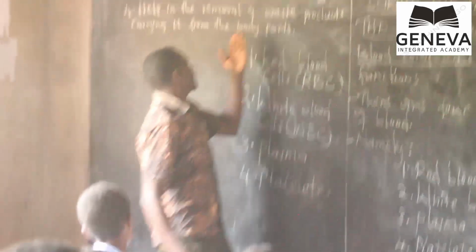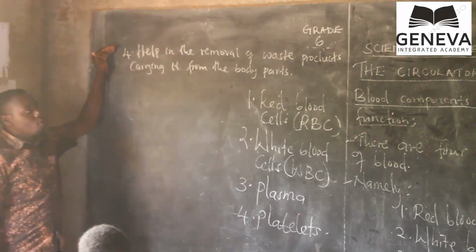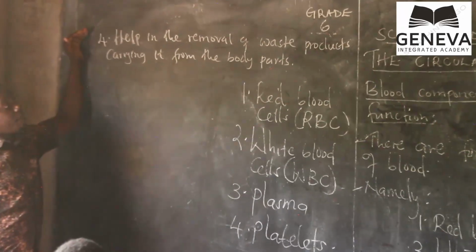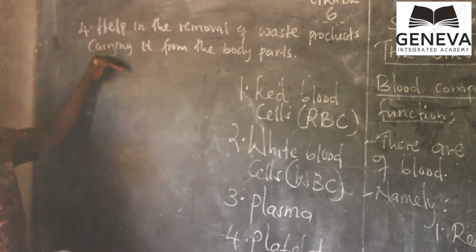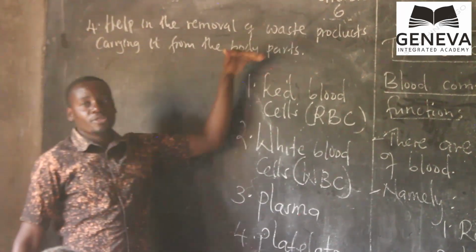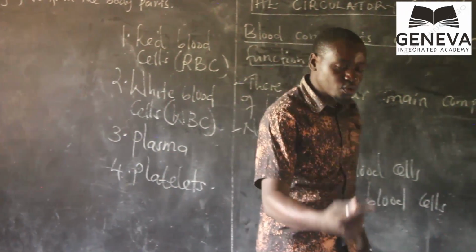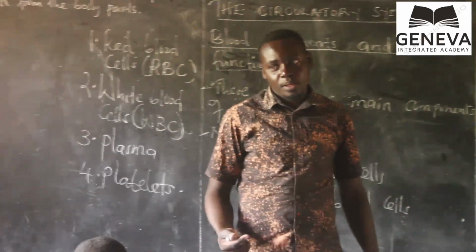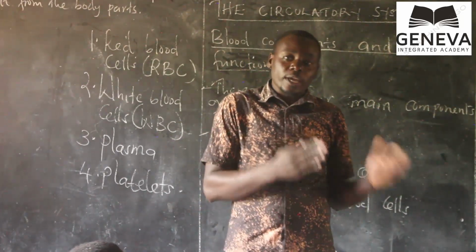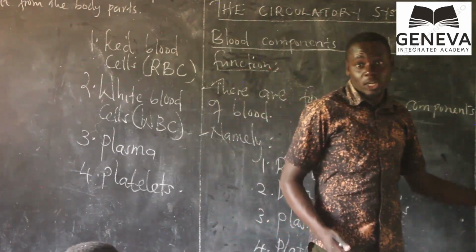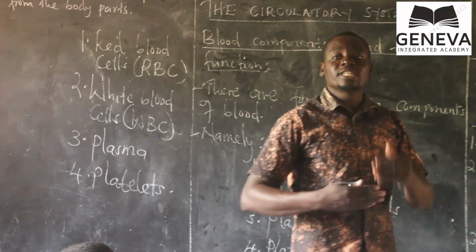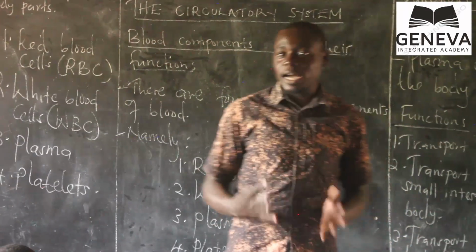And the last one is help in the removal of waste products, carrying them from the body parts. Now, when it comes to the exam, you don't need to cram, but you need to understand because you are supposed to put it in your own words.